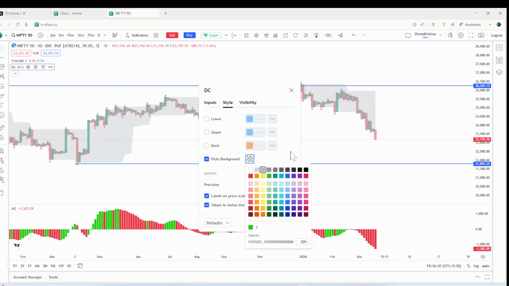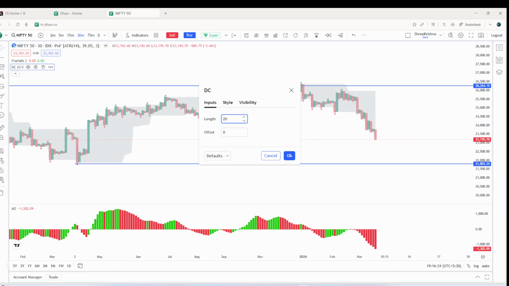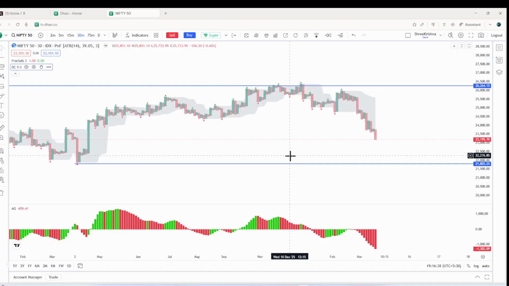The input, in the place of 20, we use 9. So the Donchian channel basically calculates the 9-period price momentum of the point and figure, not your traditional candlestick. Now you get it?